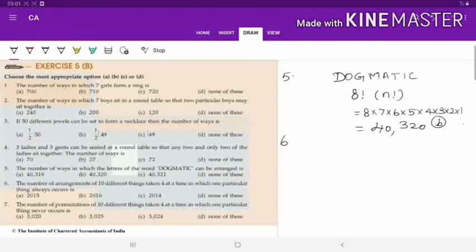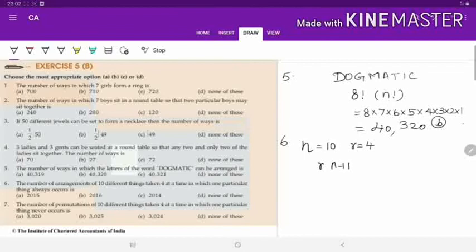For n different objects, out of which r are taken at a time in which one particular thing always occurs, it is r into (n minus 1)P(r minus 1). This is the formula, and here we are given that n is equal to 10 and r is equal to 4.